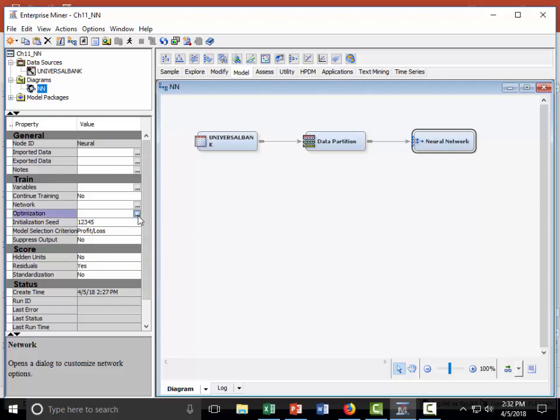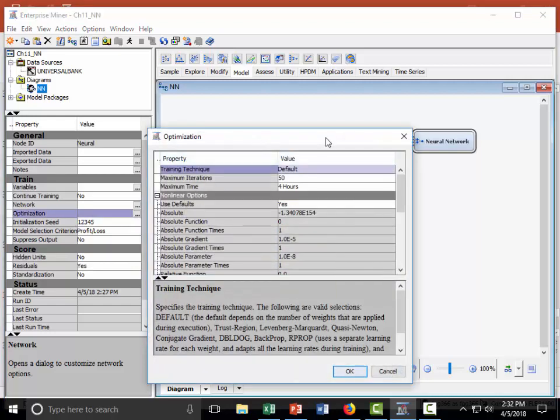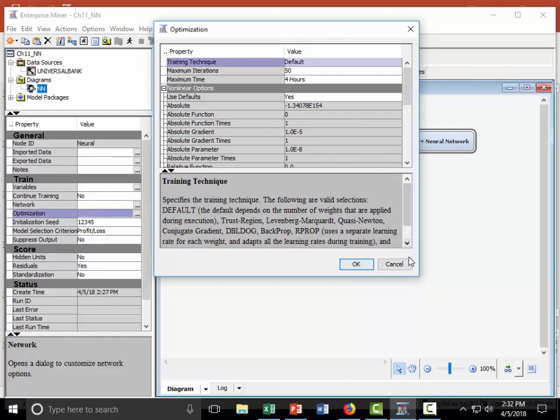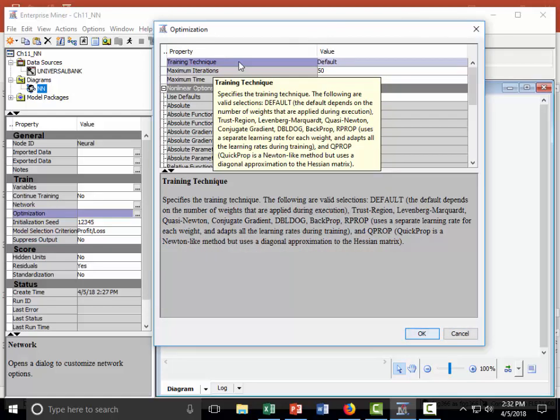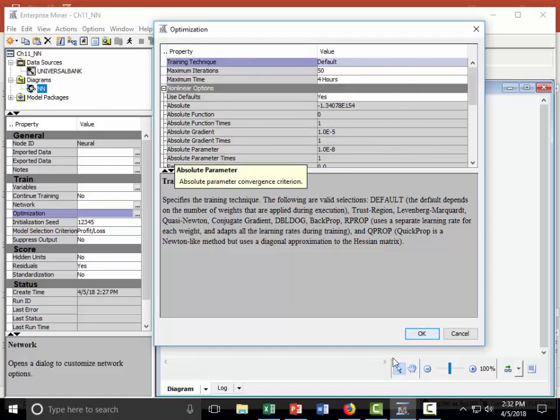And then optimization. Okay, here you usually can just use the defaults. But let's look at what we have. The training technique. That is what kind of methodology you want to use for changing the weights. We did the backward propagation.